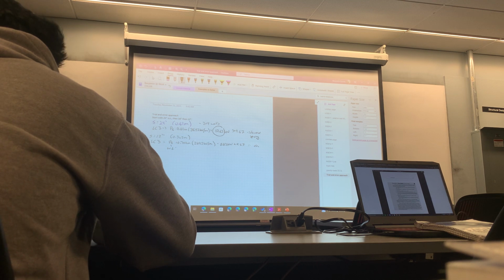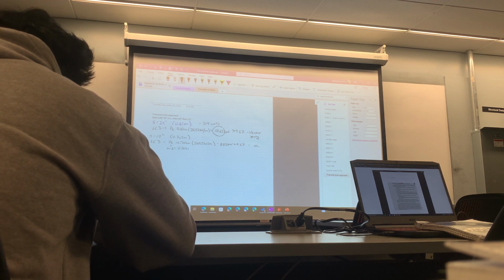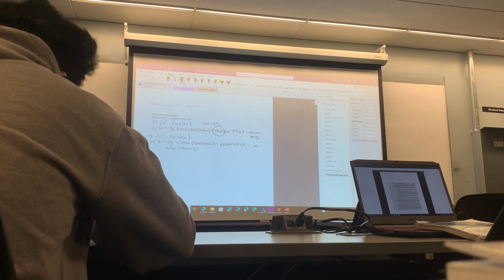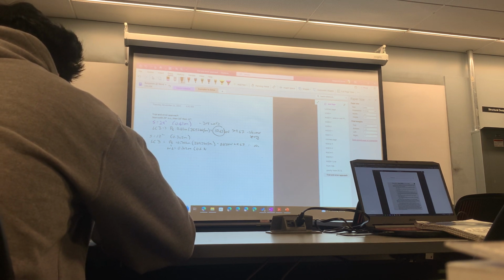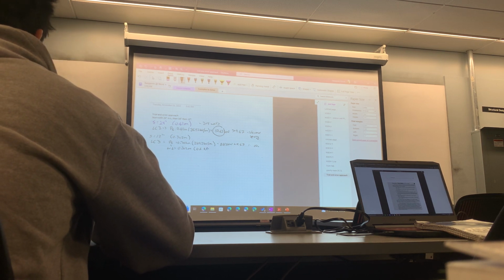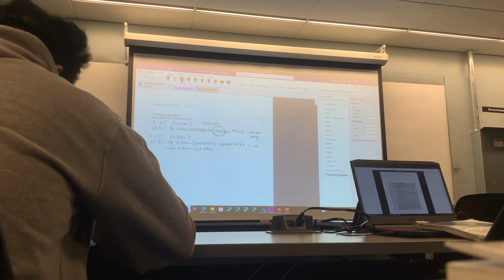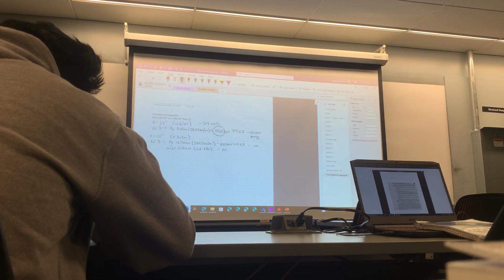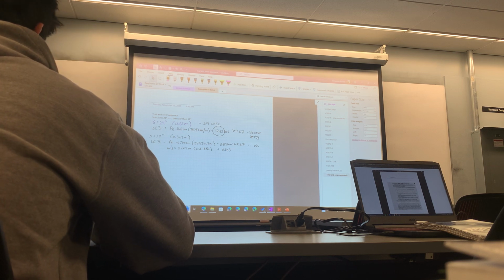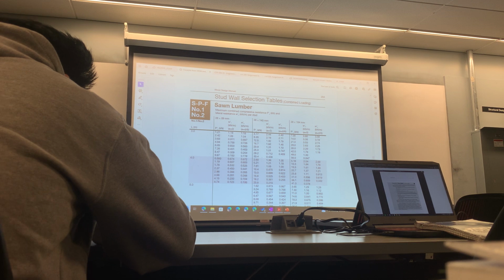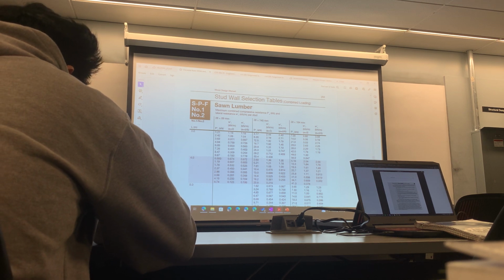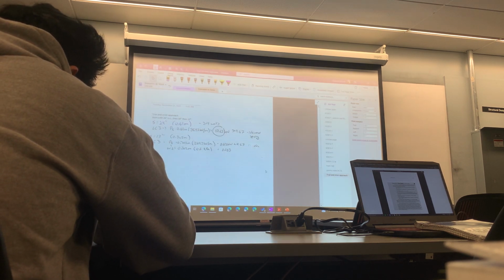W prime F is equal to 0.302 meters times 0.6. Notice it's the lowercase. The gravity loads are governing for load case 3. So this is going to be 0.183. Now you go back to your table, and 0.183, perfect. We're equal or less than that, so we're okay.